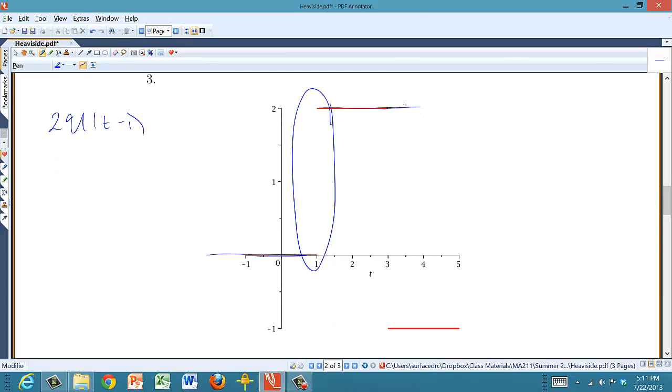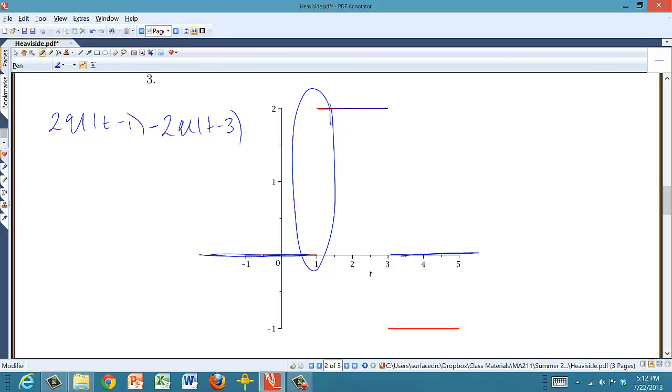Now what I want is my function to stop being 2 at time 3. So I'll subtract off 2 times u of t minus 3. Now if I left this function, then my graph would be 0, then 2, and then at time 3 we'd have 0 again, and that's not what I want.